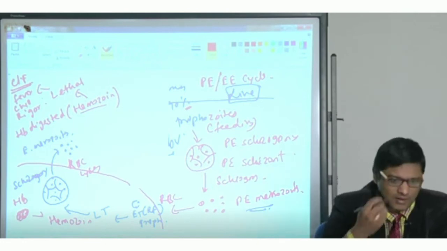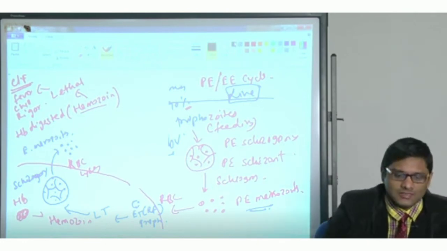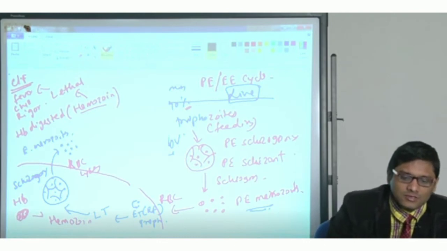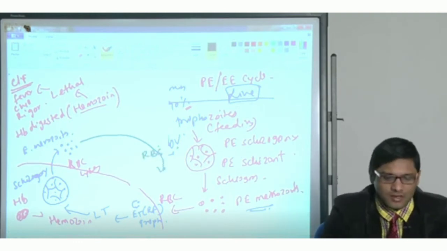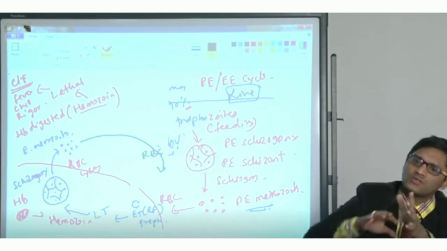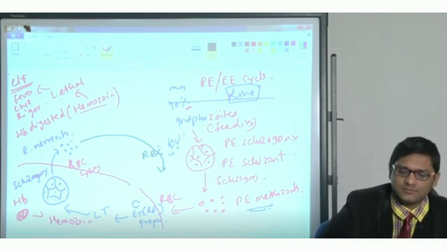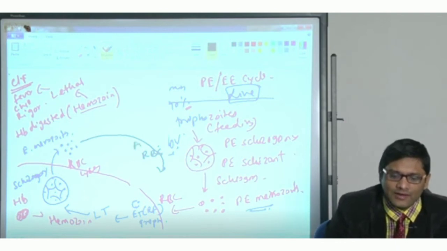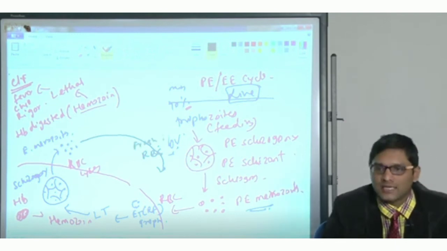Please remember, after the merozoites are released, these merozoites will again attack fresh RBCs to repeat the cycle. Once the merozoites are released out, the RBC cycle is over.